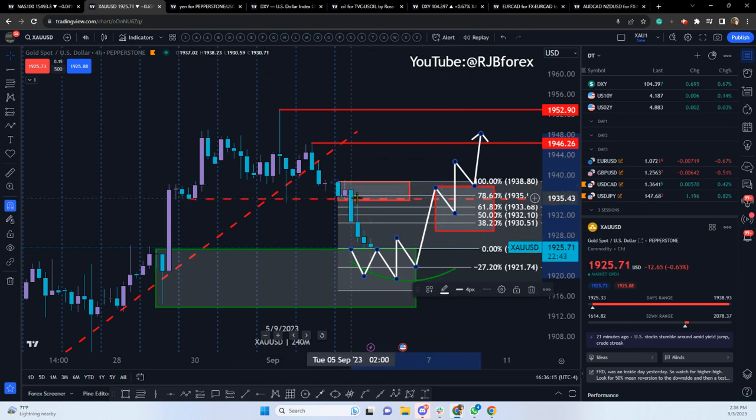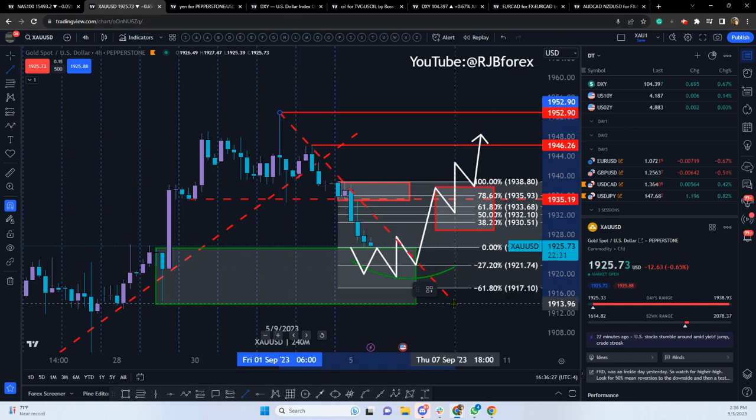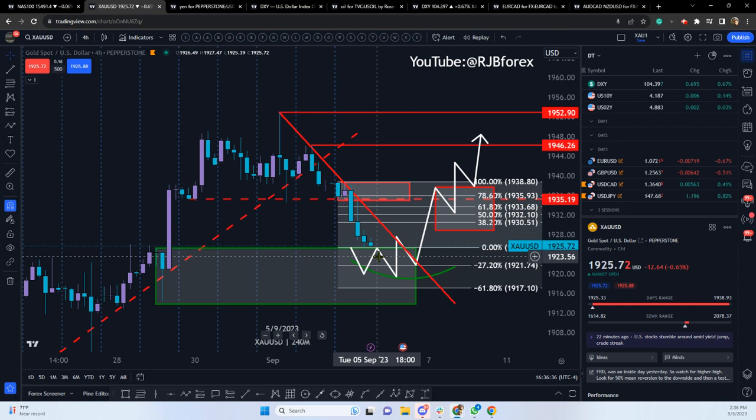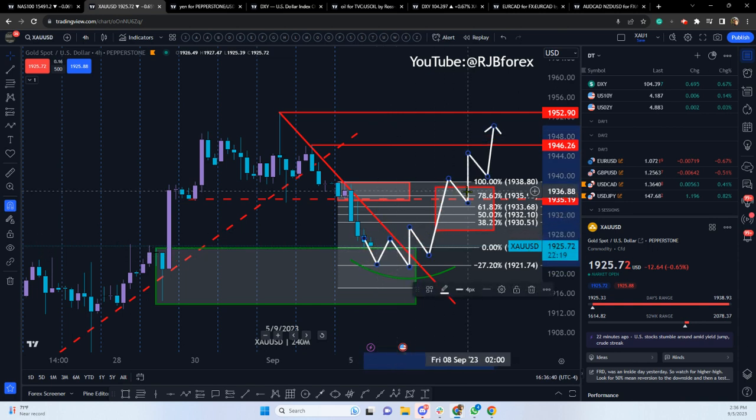So if we break above that level 1935, then we can have a continuation up, and that will be eating into all of these shorts. All right, so we'll need to get onto the other side of this bearish trend for that to play out.